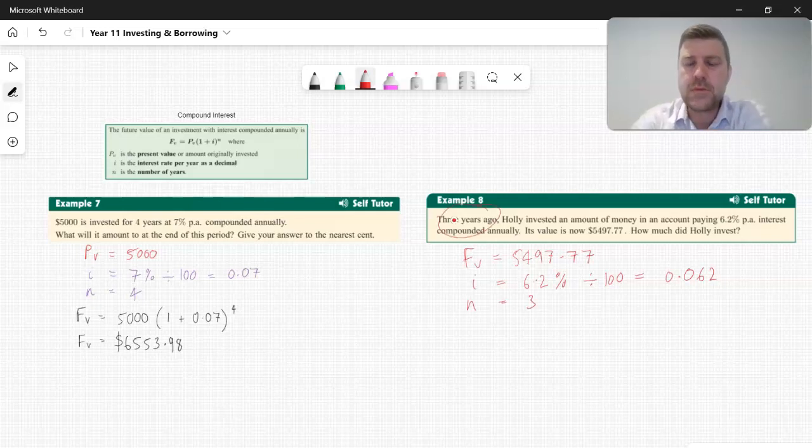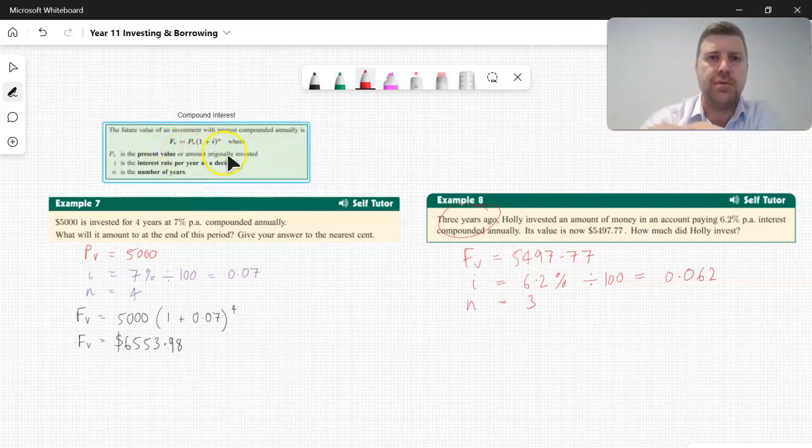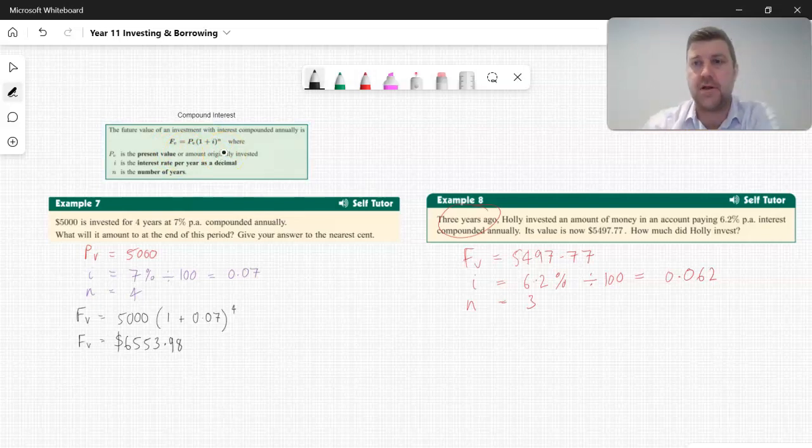So I'm going to put those values straight into this formula. It'll look a little bit different because all of a sudden we know that the future value is on the left-hand side of the equation.